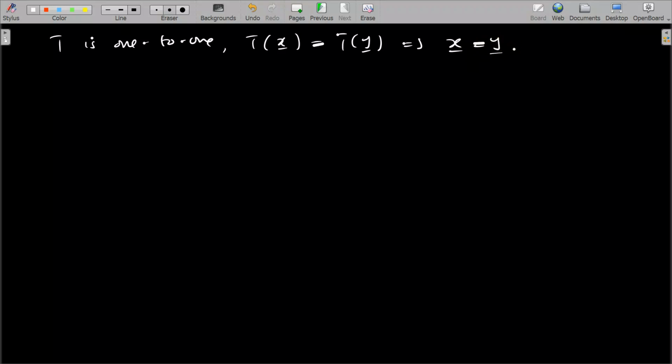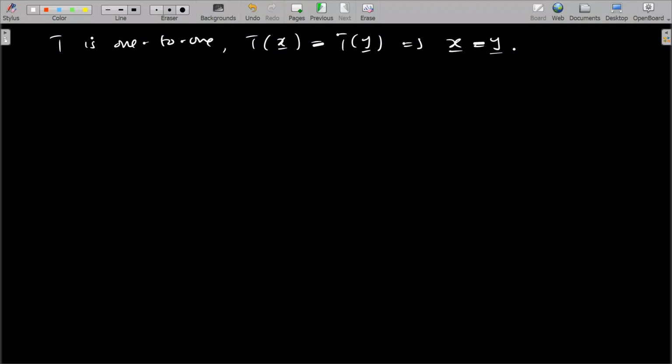So if we assume that the transformation of this vector x equals the transformation of another vector y, that could only happen if x and y are the same. If we can show that, that means T is one-to-one, right? This approach doesn't use any theorem that you know, it uses the definition of one-to-one.